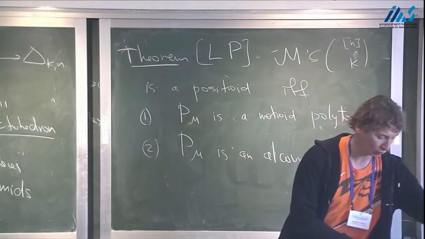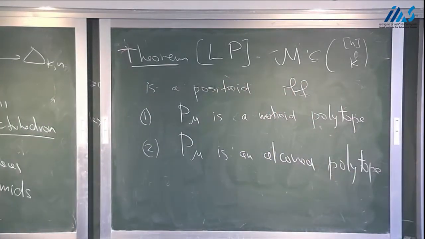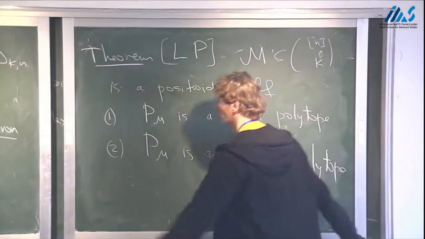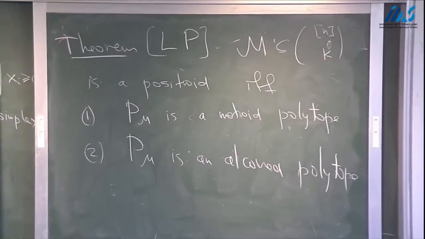So let me give you two examples. For example, one positroid. If you look at this picture again, this example, 2, 4.